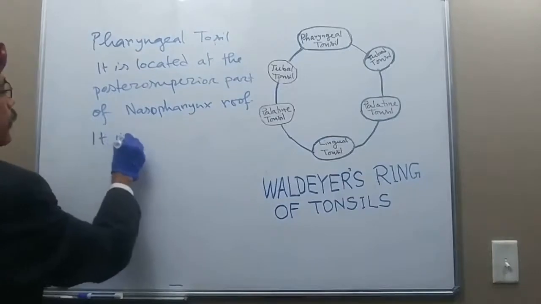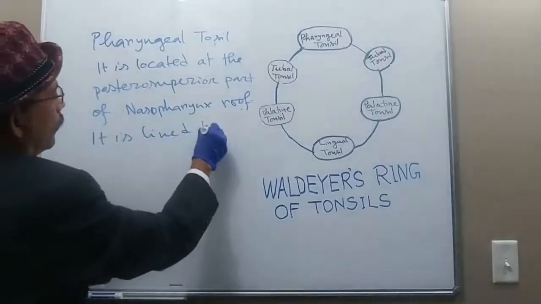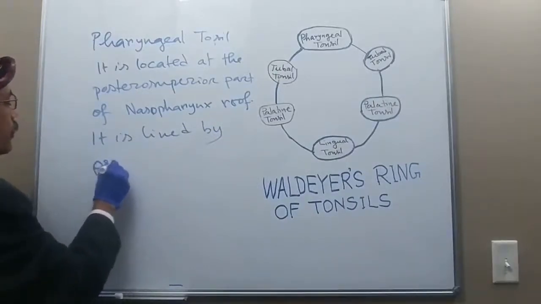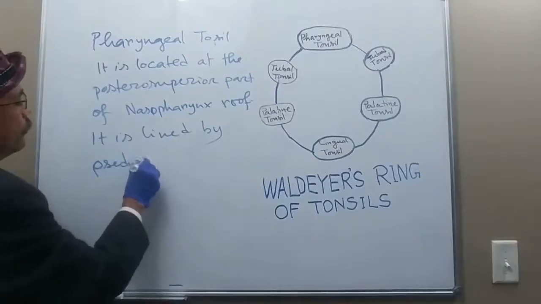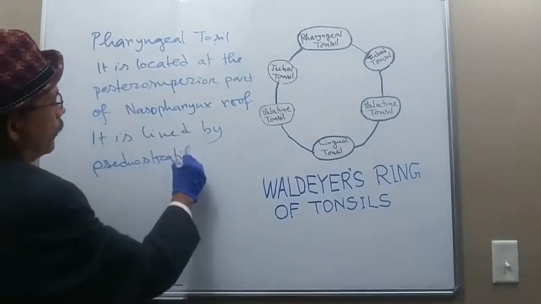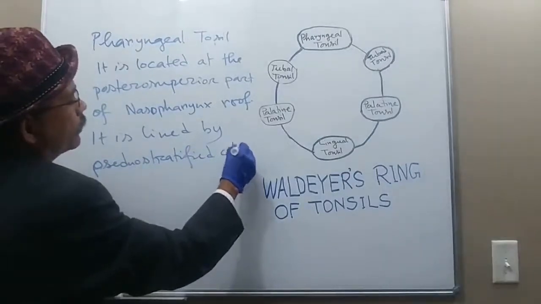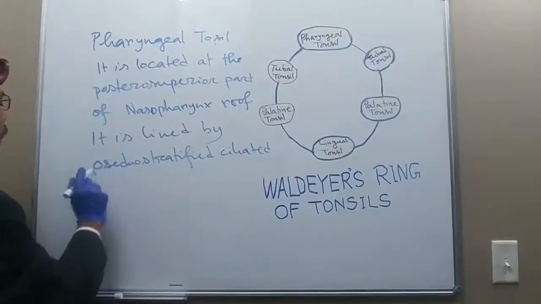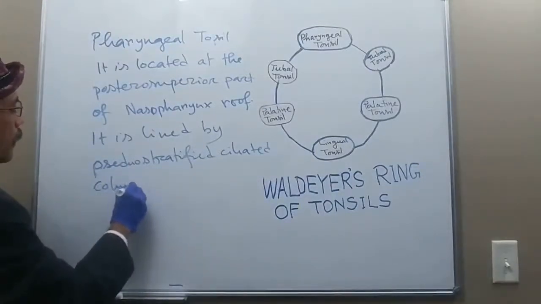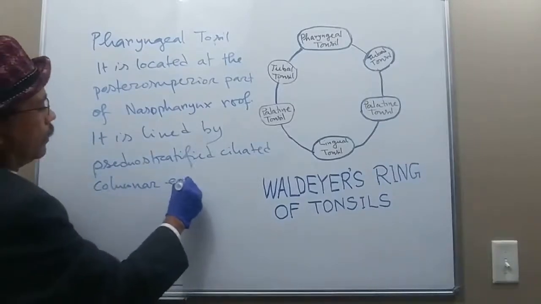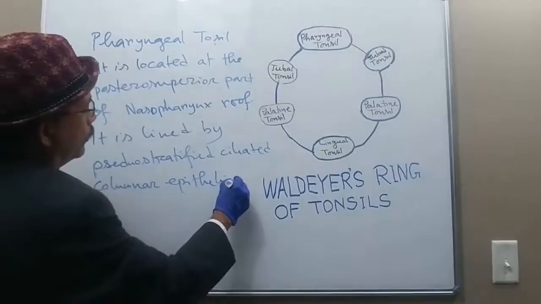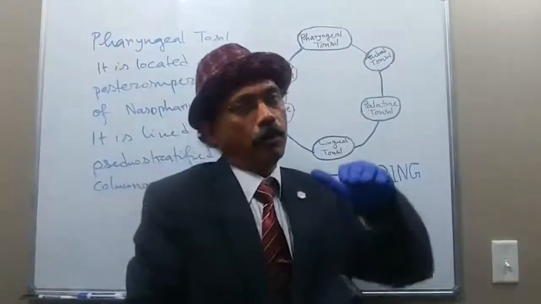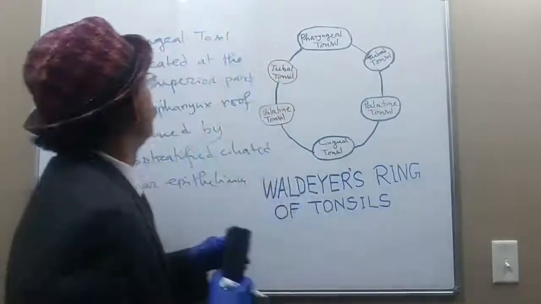It is lined by pseudostratified ciliated columnar epithelium. So we have one pharyngeal tonsil in the nasopharynx on the posterior superior part near the roof.